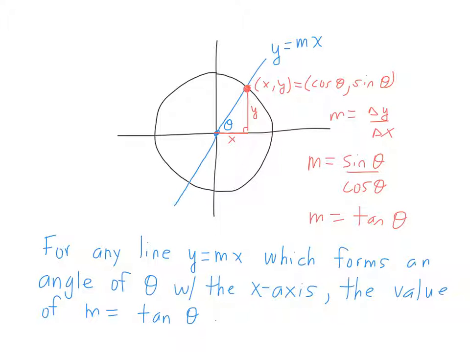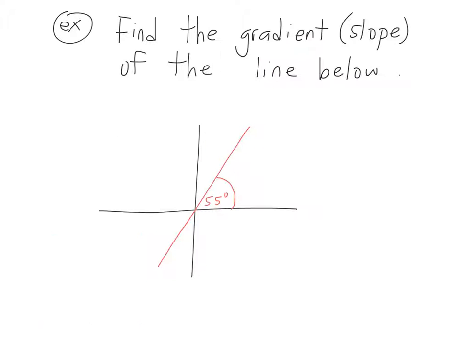So how might we see this used? Well, suppose we are asked to find the gradient, which, by the way, IB loves to use that word, just a fancy word for slope, of this line below. So all we know is that it's passing through the origin and that it is forming an angle of 55 degrees with the x-axis there.